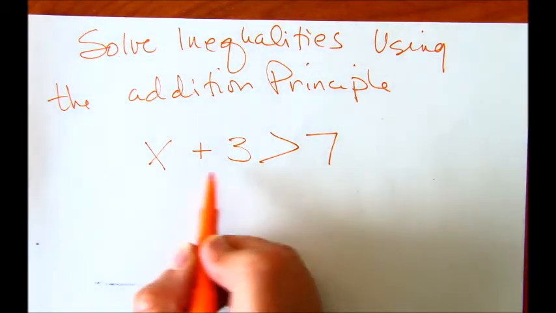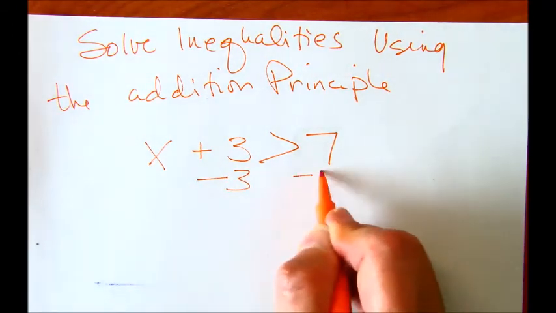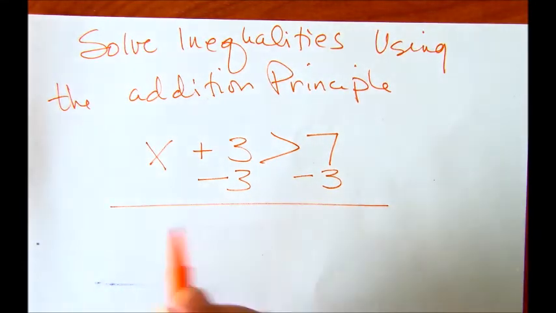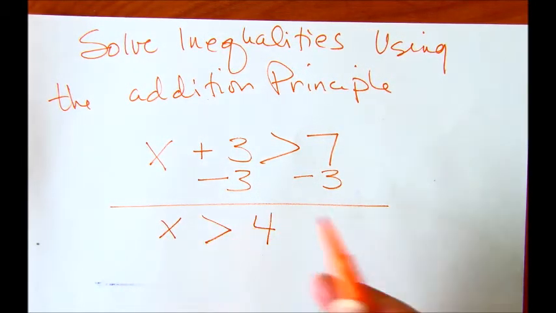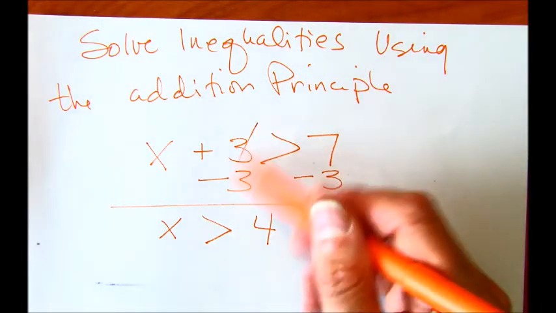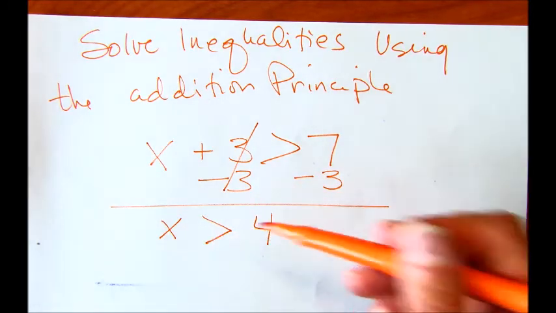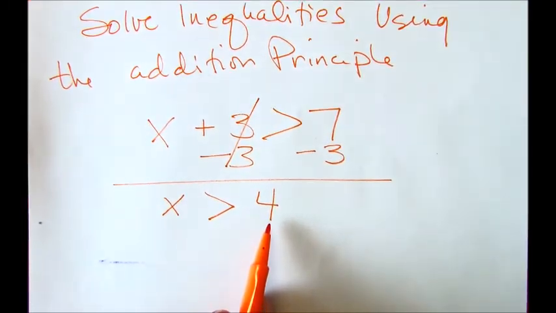I like to write it just as minus 3. Then we do the same thing on the other side. So we've got x is greater than 4, because the positive 3 and negative 3 cancel out. That becomes 0, and x plus 0 is the same thing as x. So we've got x is greater than 4.